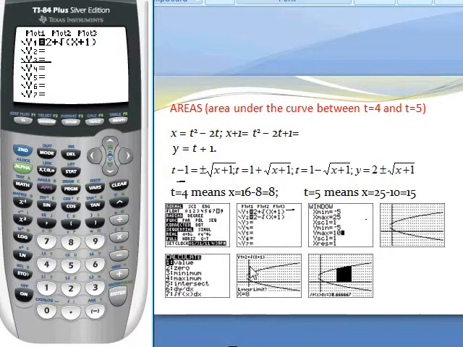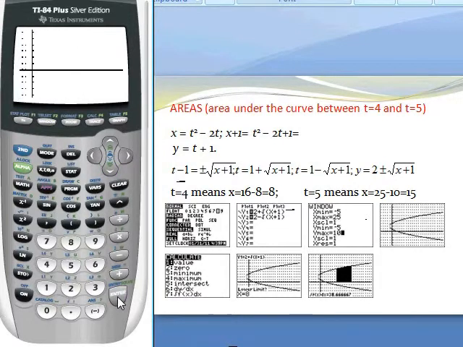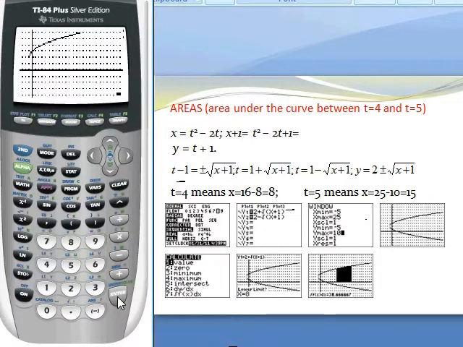So I can go and enter that. Now I'm going to get the calculate. Second calculate. And I will get the integral from right here. So I have the upper curve. I want the upper curve. To see the lower curve, I have to enter the minus 1. But I'm not interested in that. So the lower limit is 8. Do you see where that is?